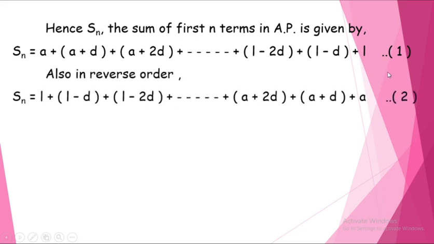That means in equation 1 the first term is first and the last term is last. Now we change the order: we take the last term first and the first term last. This sum can be written as Sn equals L plus L minus D plus L minus 2D plus so on, A plus 2D plus A plus D plus A, equation number 2.